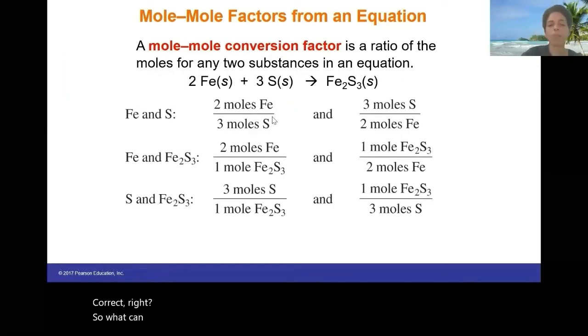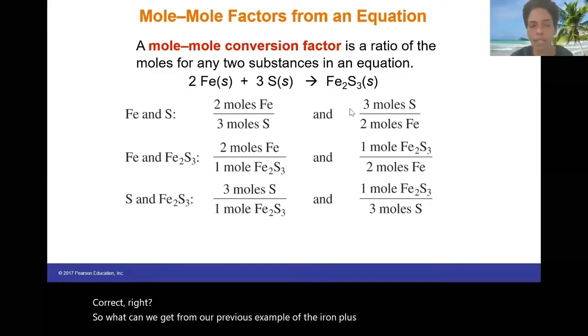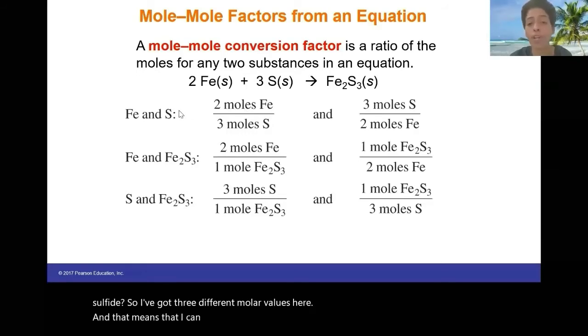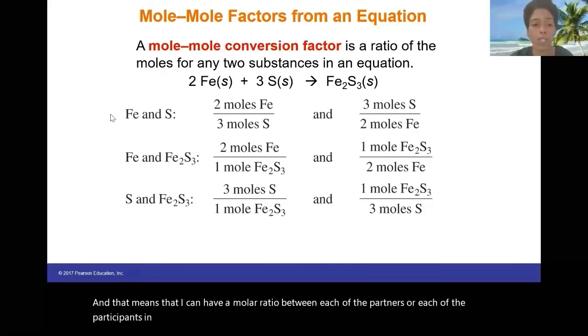So what can we get from our previous example of the iron plus sulfur to give us iron 3 sulfide? I've got 3 different molar values here. And that means that I can have a molar ratio between each of the participants in this equation. So if I'm looking at iron and sulfur, I've got 2 moles of iron per 3 moles of sulfur.